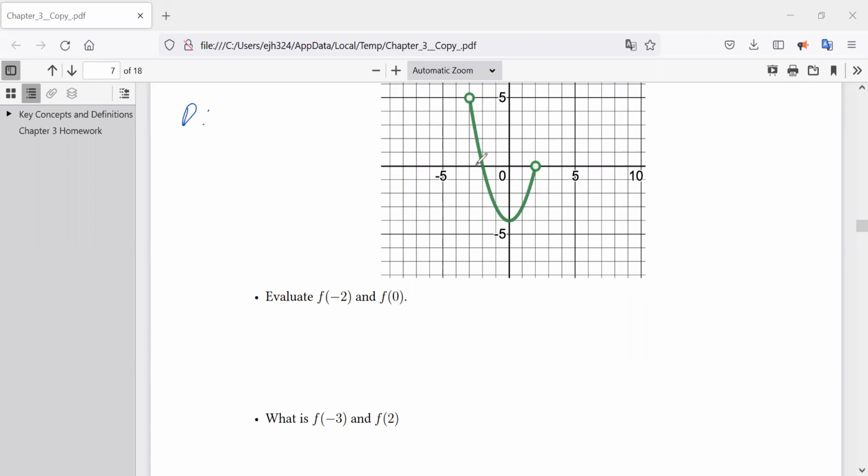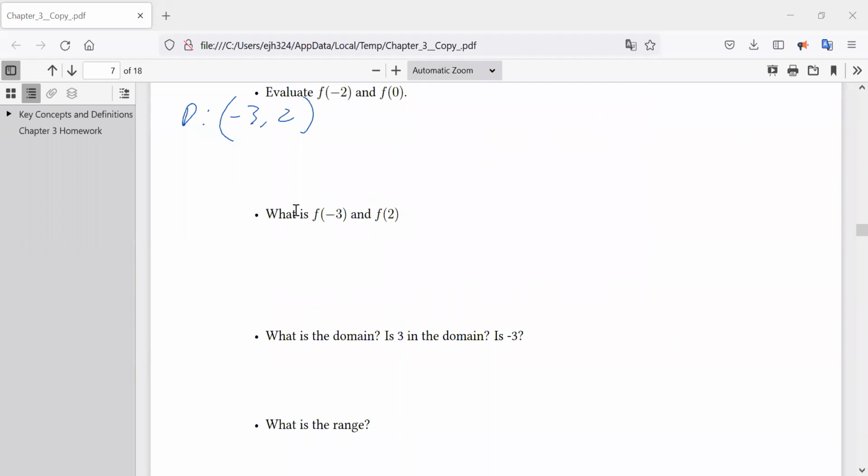So it's going to start here at -3 and end here at 2. But it's not going to include the endpoints. So that answers the next part of that question, which is: is 3 in the domain, and is -3 in the domain?